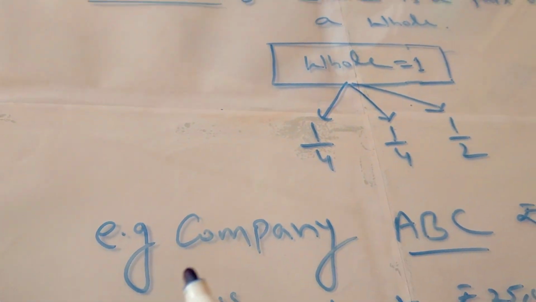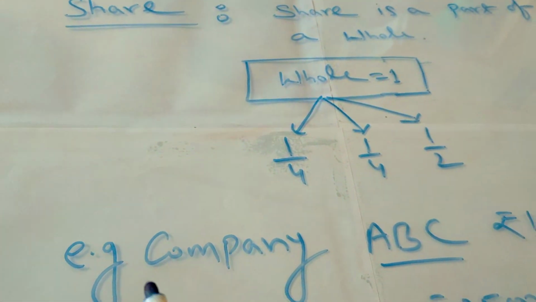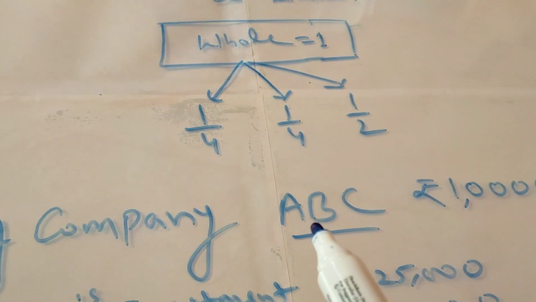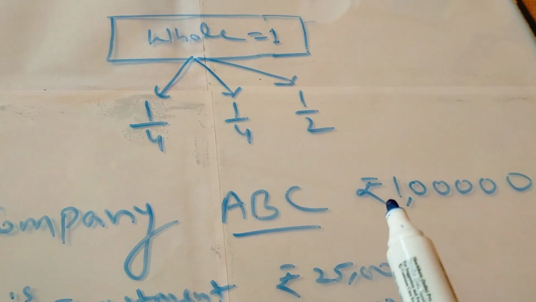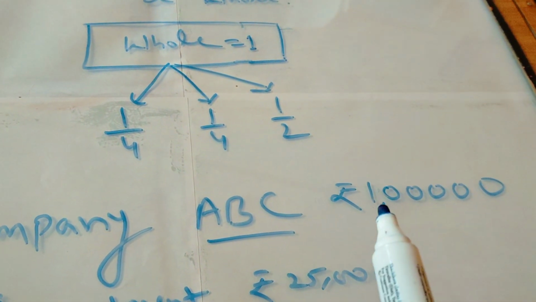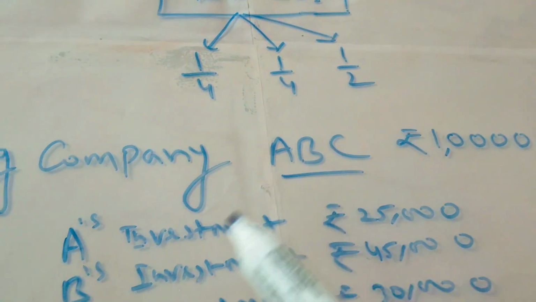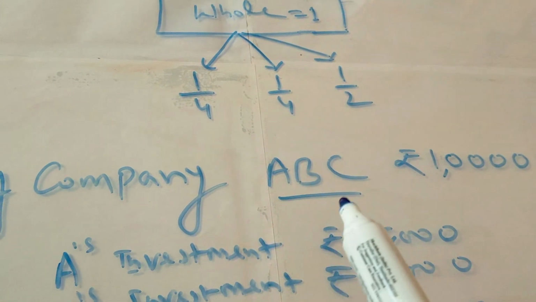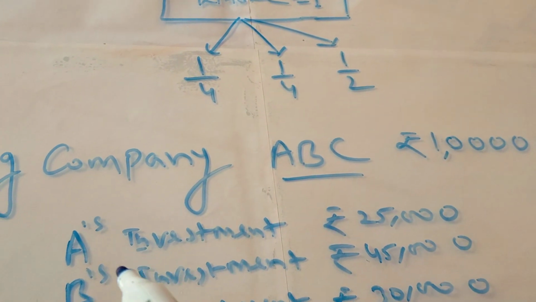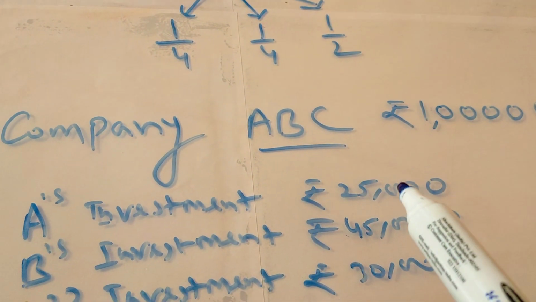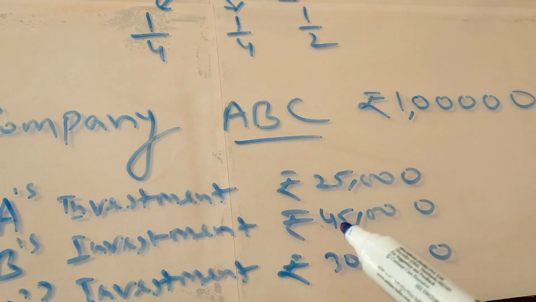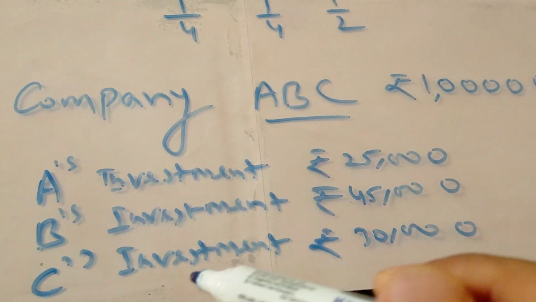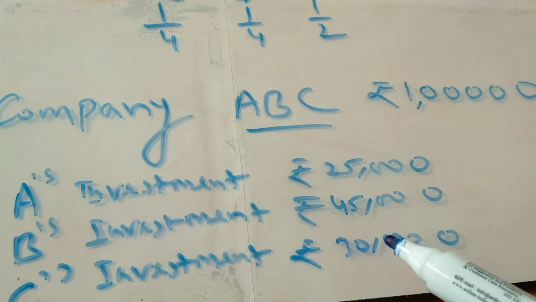Now in terms of investment, how can we define a share? Suppose we have a company whose total capital is rupees 1 lakh. For the formation of this ABC company, suppose A invested rupees 25,000, B's investment is 45,000 rupees, and C's investment is 30,000 rupees.